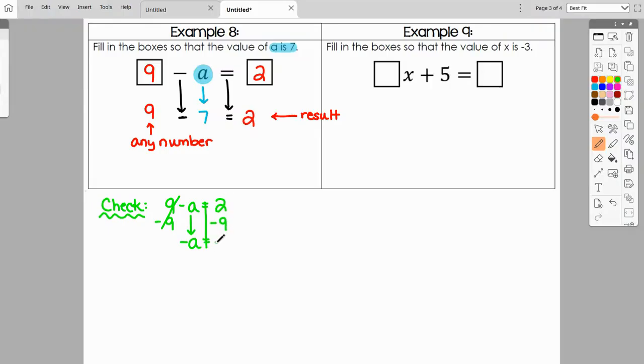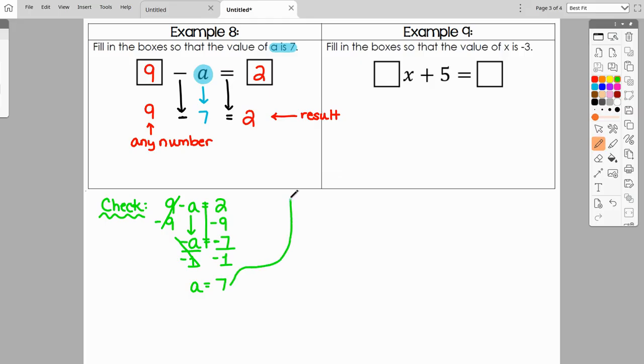And the result of 2 minus 9 on the right side is a negative 7. When I divide by negative 1, because that really is a negative 1 next to the a here, those cancel out to just a on the left side. And a positive 7, because when I divide two negatives, it makes a positive on the right.